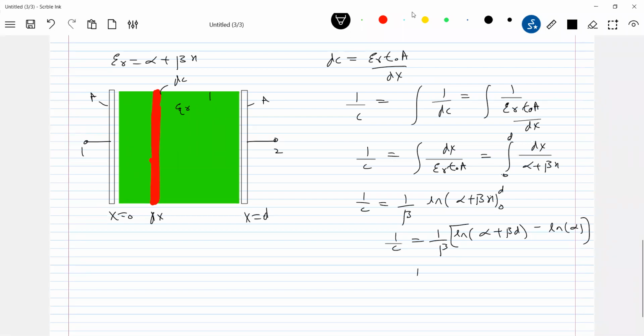So therefore, epsilon naught A will come outside here, no? So the capacitance will be C is equal to beta epsilon naught A by log of 1 plus beta d by alpha. So this is the capacitance of this system.